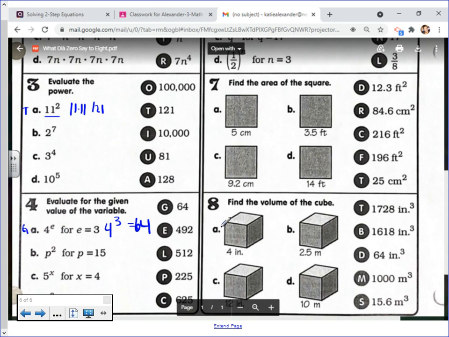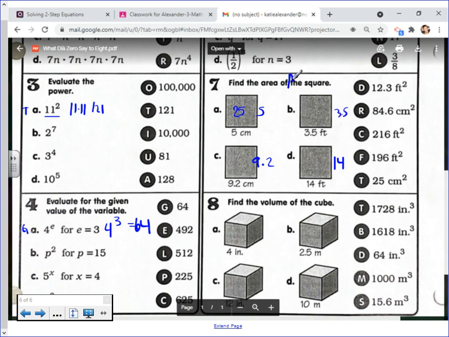So anytime it's asking you to evaluate, it basically is wanting you to just tell them what the answer is. Once you get down to these squares, remember, these are all squares. So if you know one side, you know the other side. So 5 times 5 is 25. 9.2 times 9.2, 14 times 14, 3.5 times 3.5.